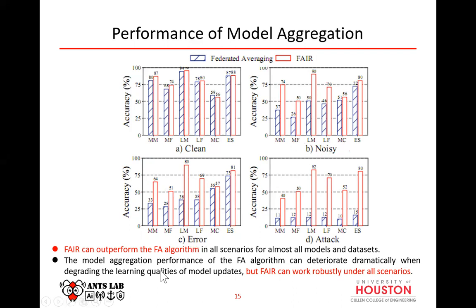And this is the error scenario. Among 10 nodes, the training data sets of 7 nodes are clean, and the training data sets of the other 3 nodes are incorrectly labeled. And this is the attack scenario, which means that one of the 10 nodes will submit random model updates in each iteration, while the others train normally.